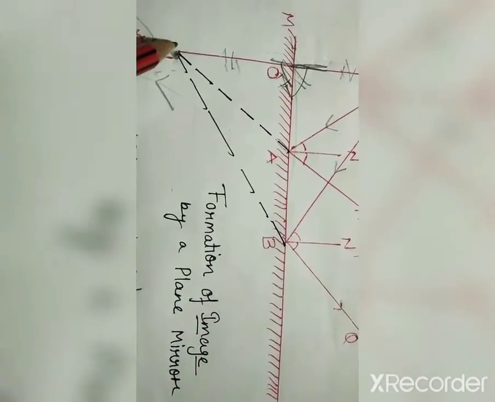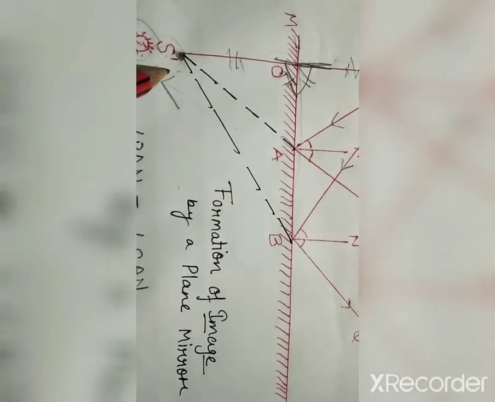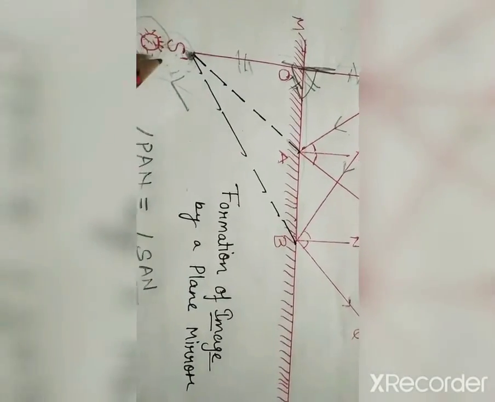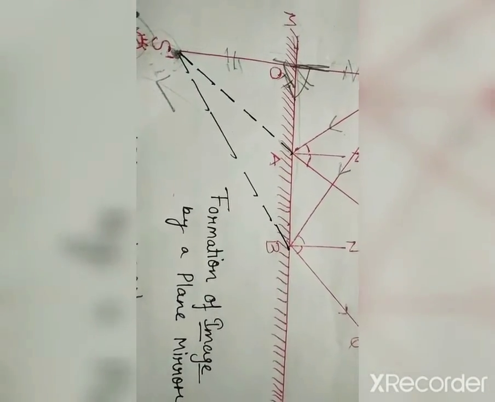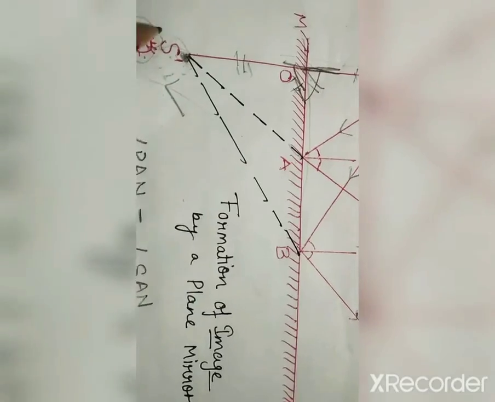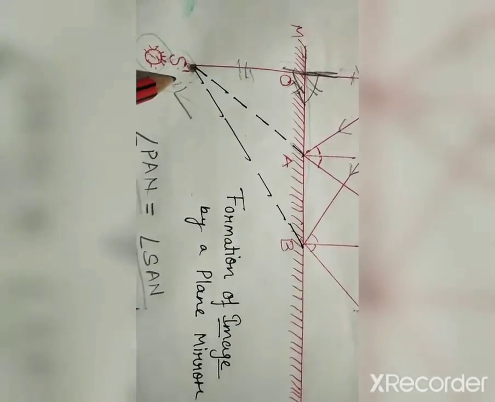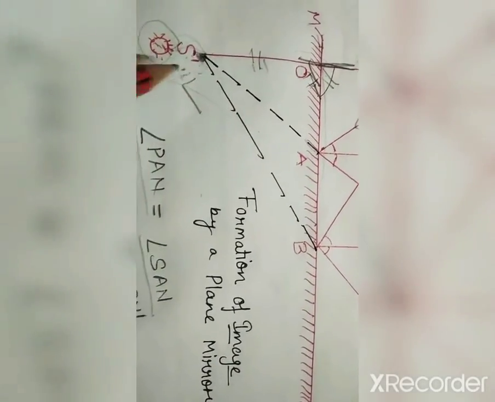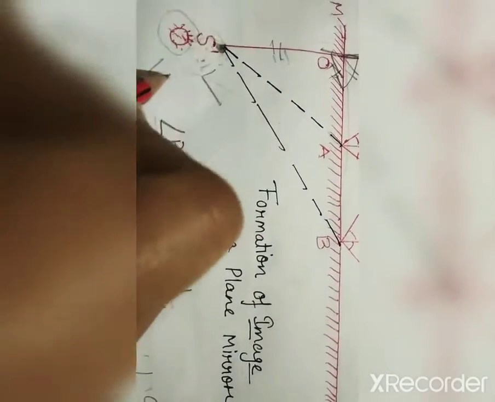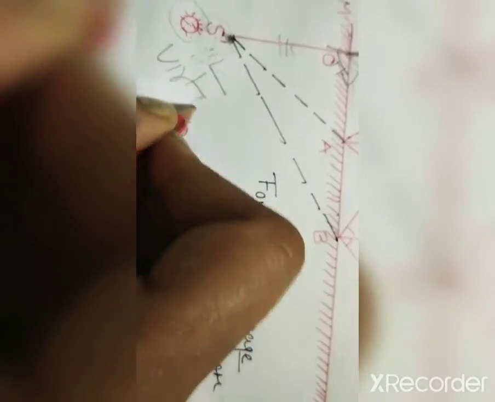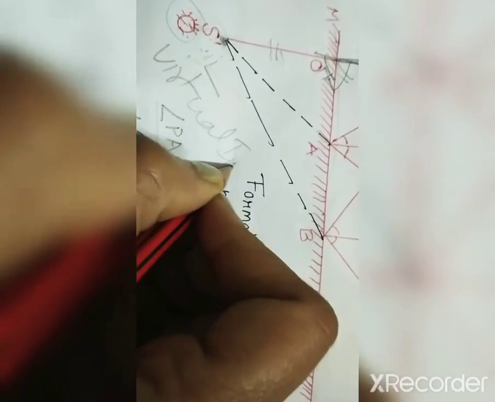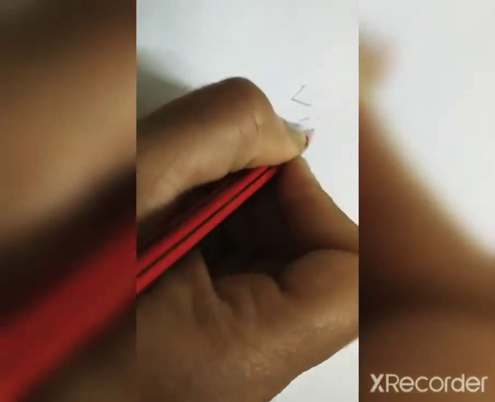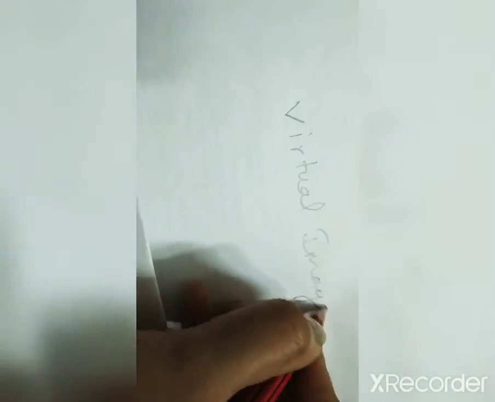This is not the real intersection, it appears to intersect at this point. Such an image which is not actually formed, which appears to be formed, is known as a virtual image. Okay, so two things are clear, that one thing is the virtual image and another thing is the real image.